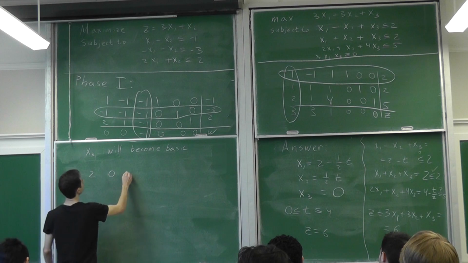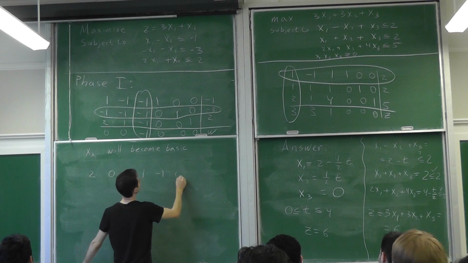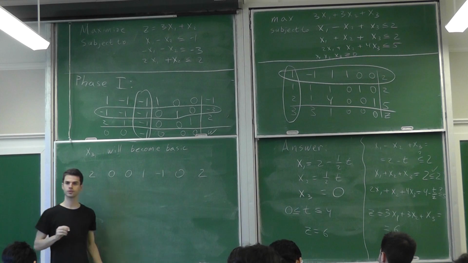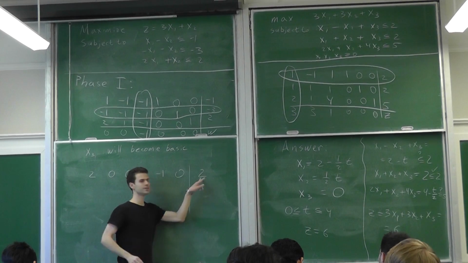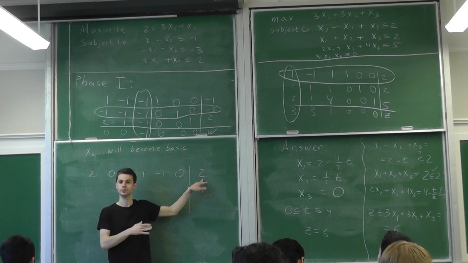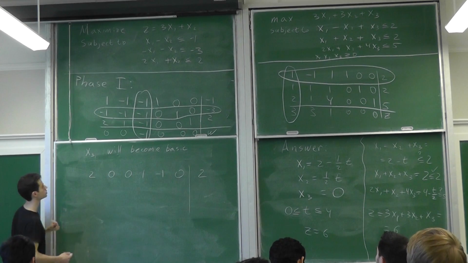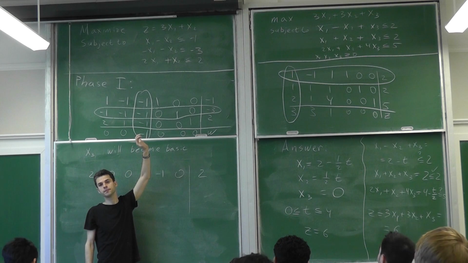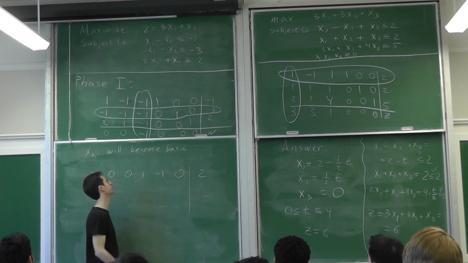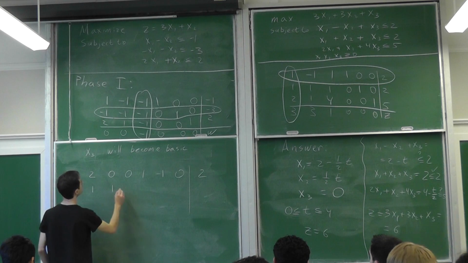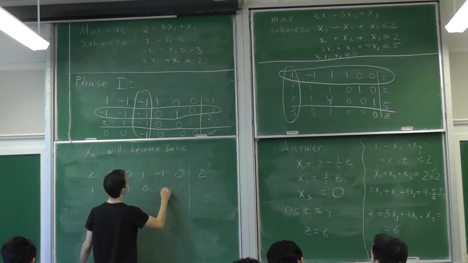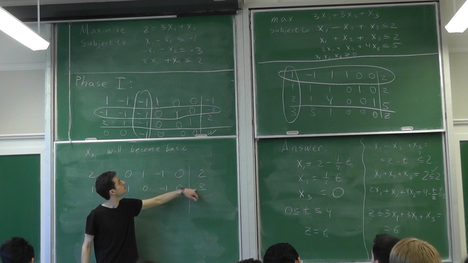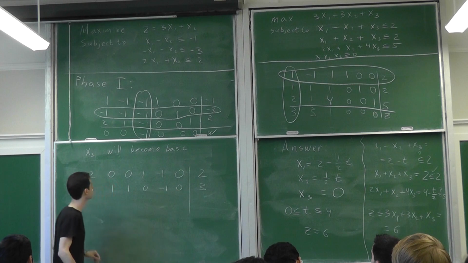So 2, 0, 0, 1, minus 1, 0, minus 1, minus 3, 2. This 2 is a good sign. It is positive, so at least our solution will be feasible according to this row. Second one, I'll try to make this coefficient equal to 1. How? Well, just multiply everything by minus 1: 1, 1, 1, 0, minus 1, 0, 3. Once again, this positive number 3 is a good thing.